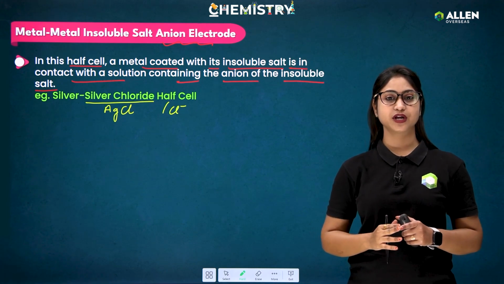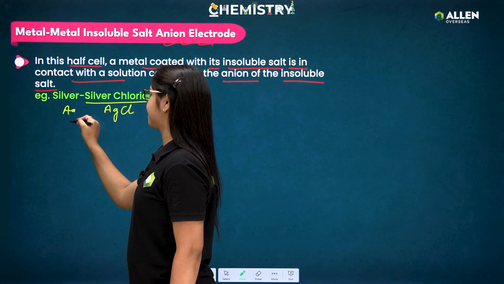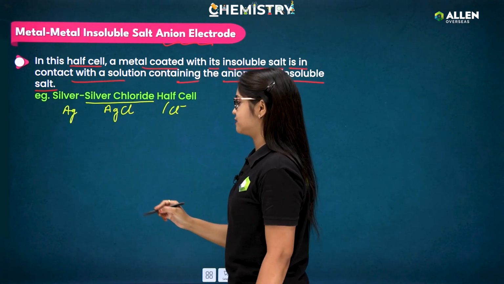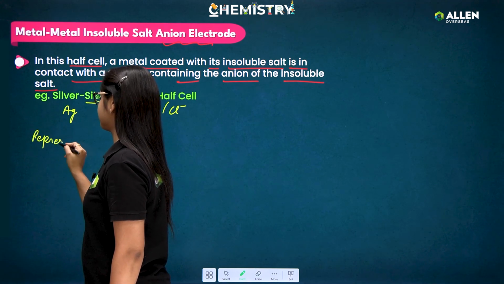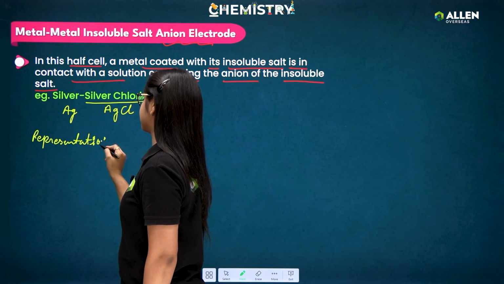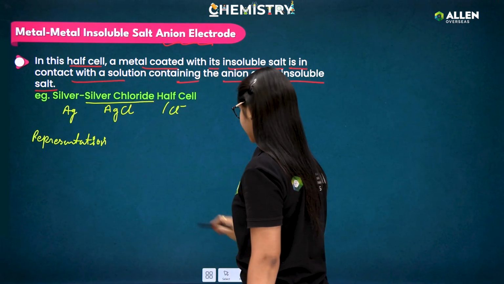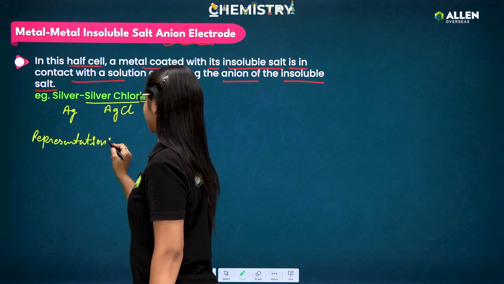Now how we can represent this cell? So we have silver chloride and Cl minus. So if we talk about the representation of the cell when it is acting as a cathode and as an anode.